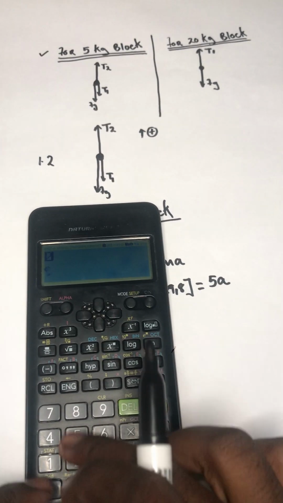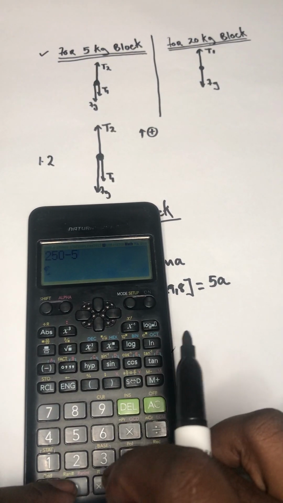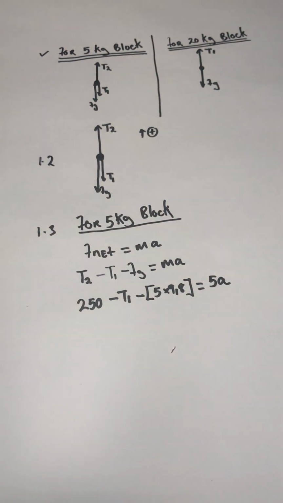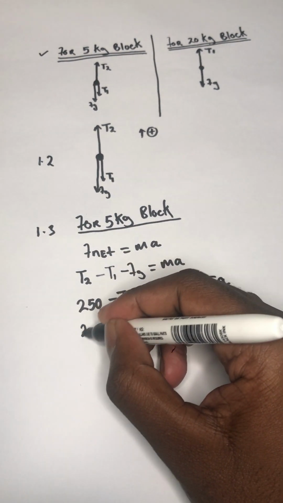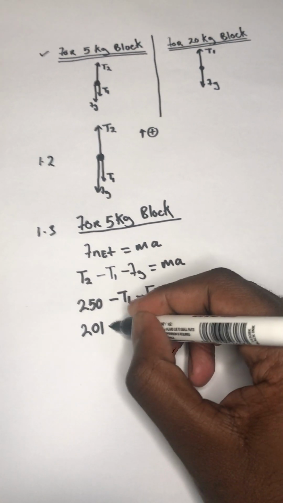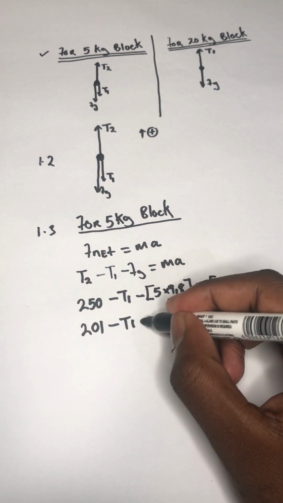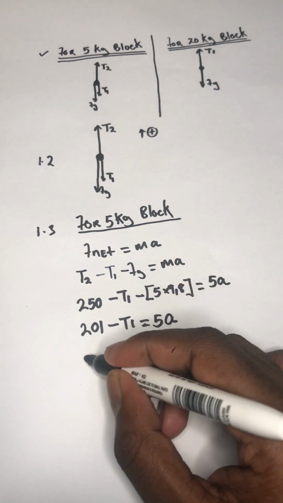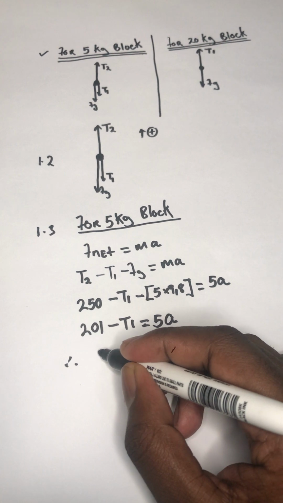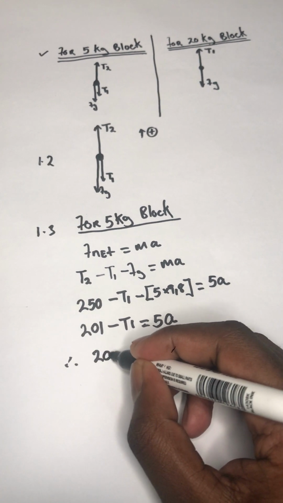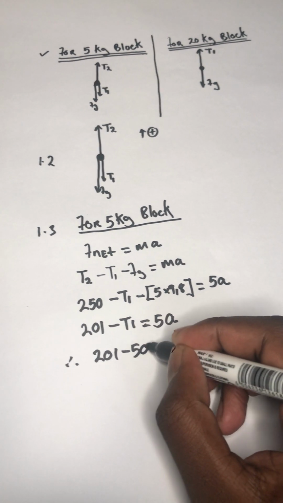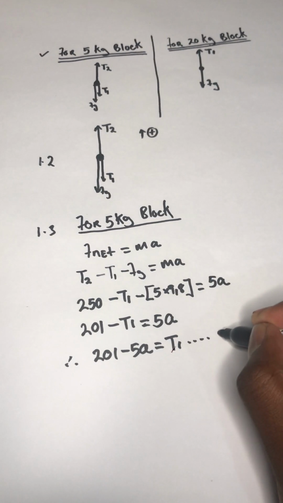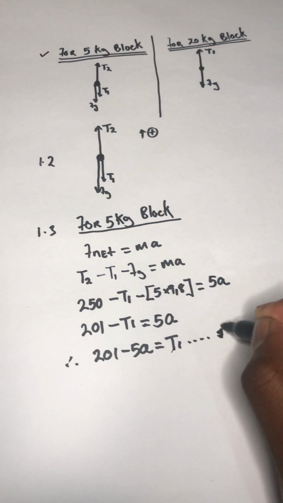So 250 minus 5 times 9,8 is 201. So 201 minus T1 is equal to 5a. Therefore 201 minus 5a is equal to T1. That is equation 1.